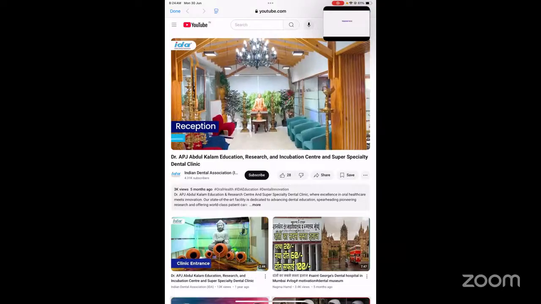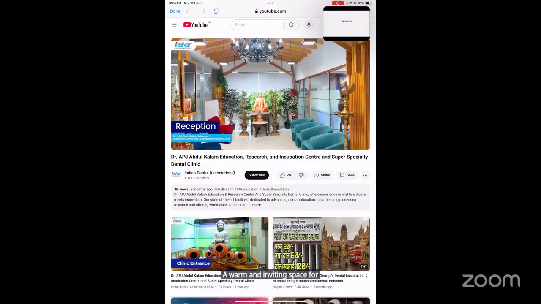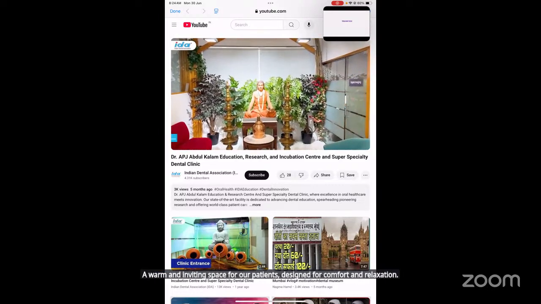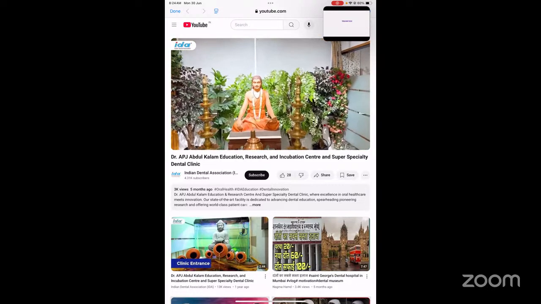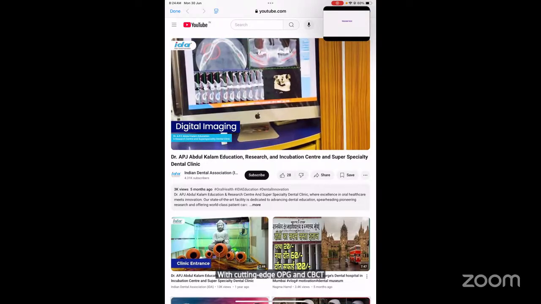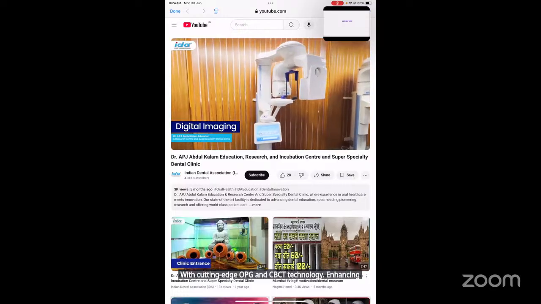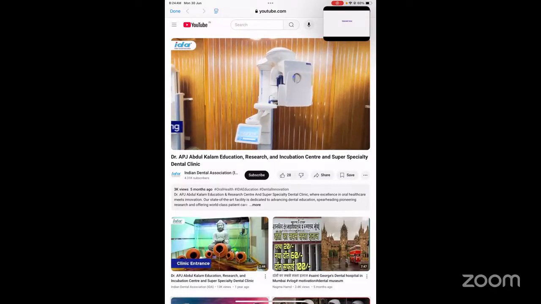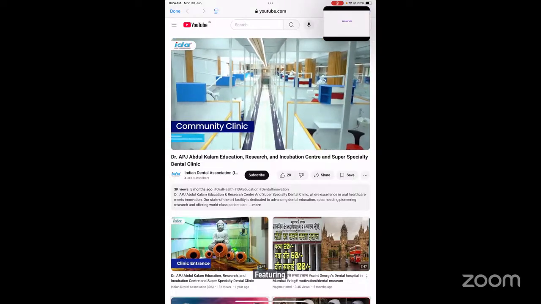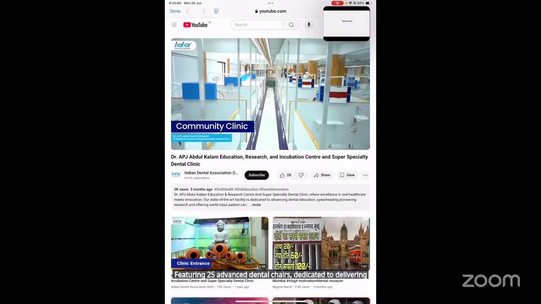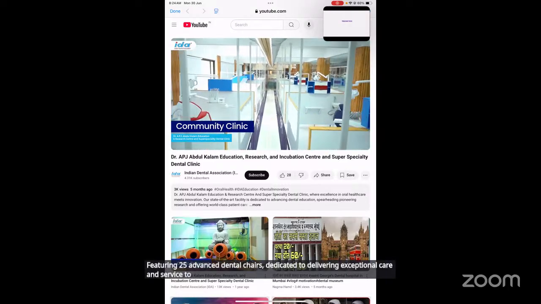A warm and inviting space for our patients, designed for comfort and relaxation. Equipped with cutting-edge OPG and CBCT technology, enhancing patient care and treatment precision. Featuring 25 advanced dental chairs dedicated to delivering exceptional care and service to every patient.